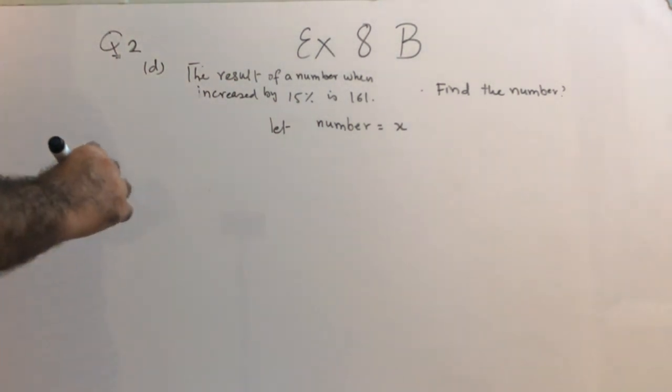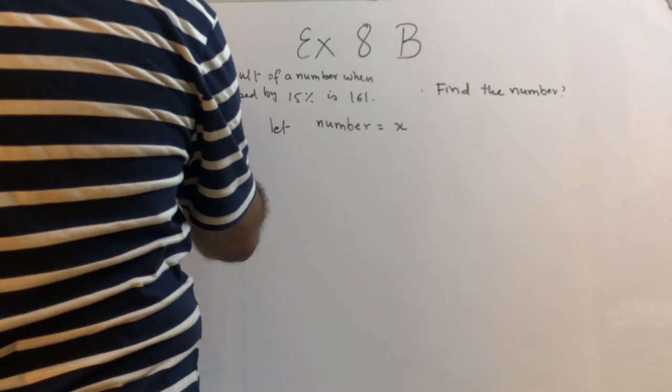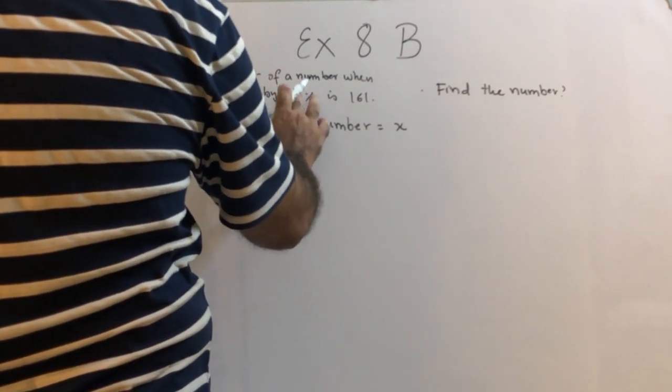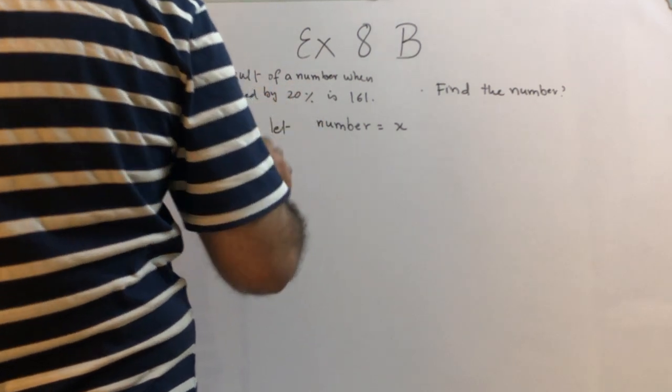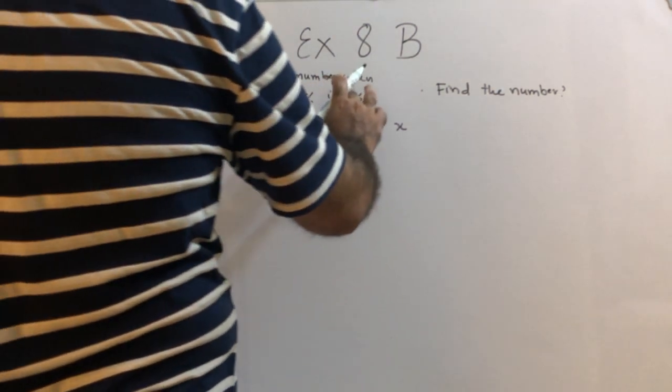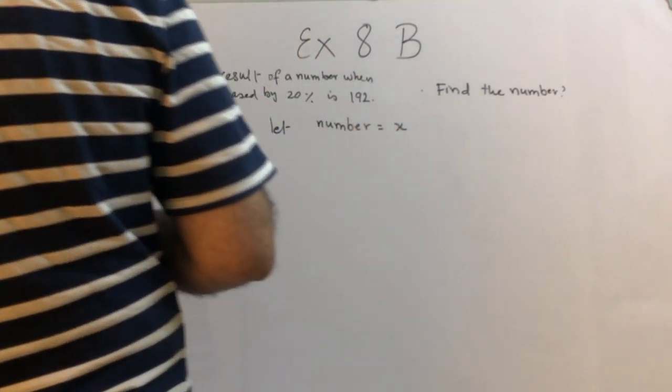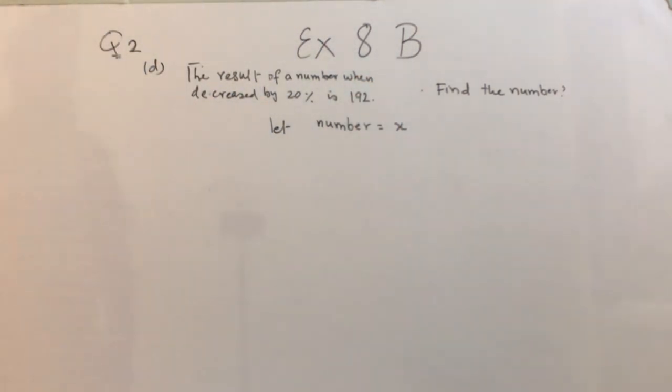which is similar to part C. Result of a number when decreased by 20% is 192. Find the number. The result of a number when decreased by 20% is 192. Find the number.